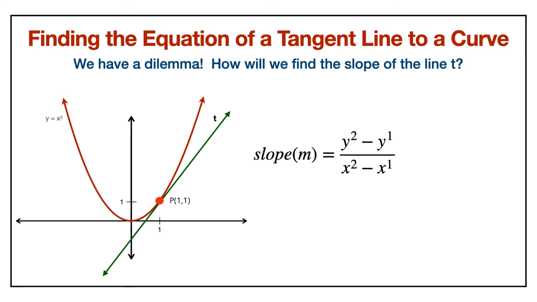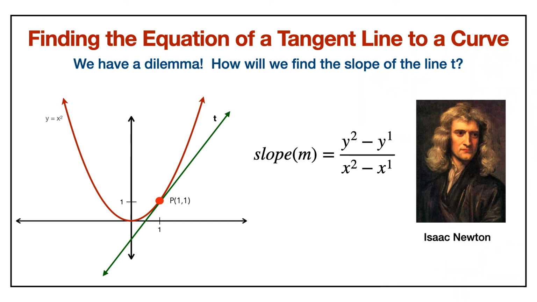We will look to Isaac Newton for the answer. He found that we need to draw a second line, called a secant line, going through point P at (1, 1) and a second arbitrary point on the curve, Q at (x, x squared).